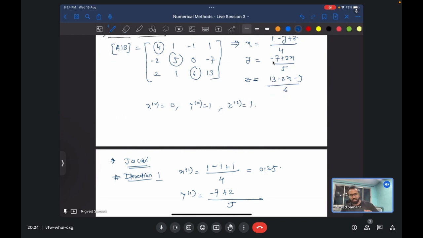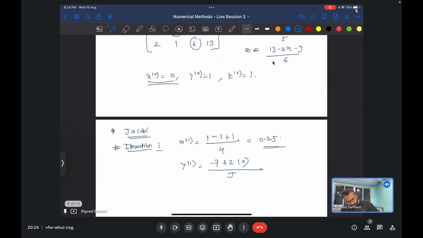We will always consider the x, y, z values of the previous iteration in the Jacobi method. So here you will consider the 0 value, not 0.25. So here you will have 0 only. So this is minus 7 divided by 5, that is minus 1.4.